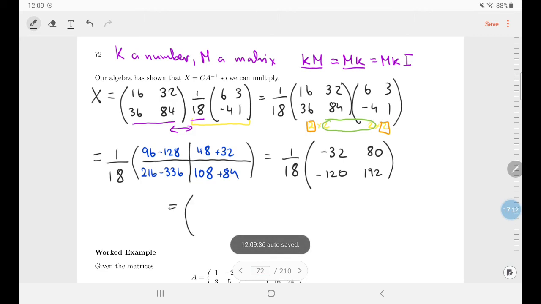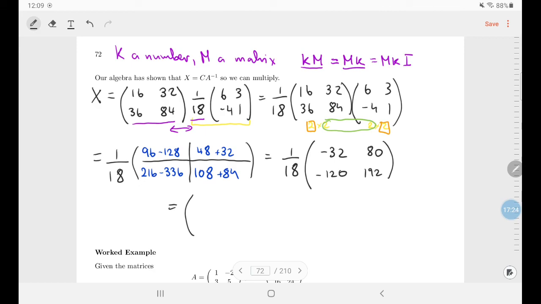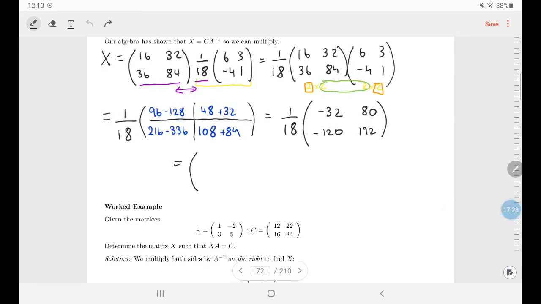If I do minus 32 by 1/18, I'll get minus 16 over 9. It's a bit funny. Okay, so we're back. The 1/18 by minus 32 will give you minus 16 over 9.